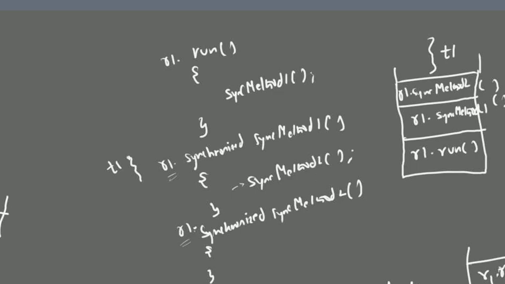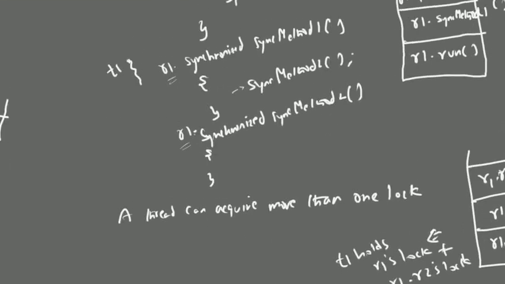T1 would obtain the lock of R1, and it would call another synchronized method. Because T1 already has the lock of R1, it would call this method without acquiring a new lock.